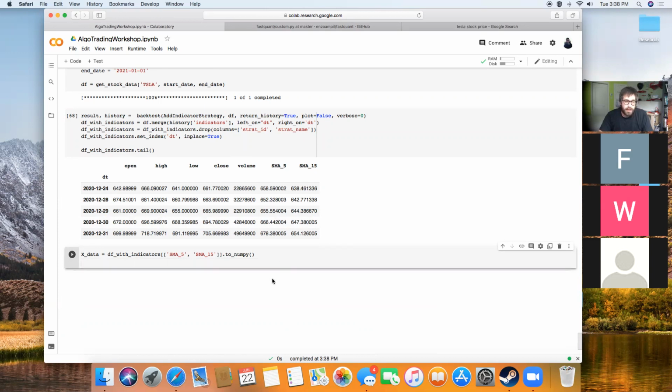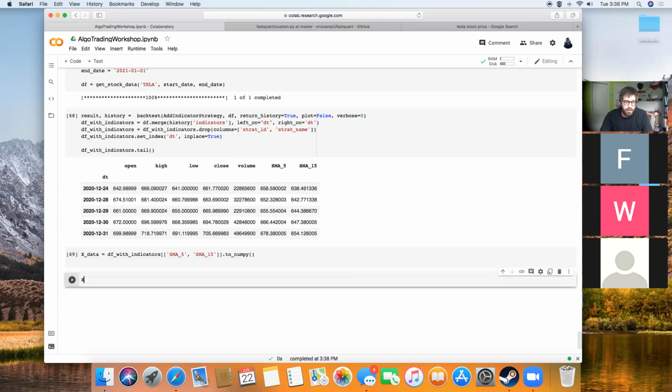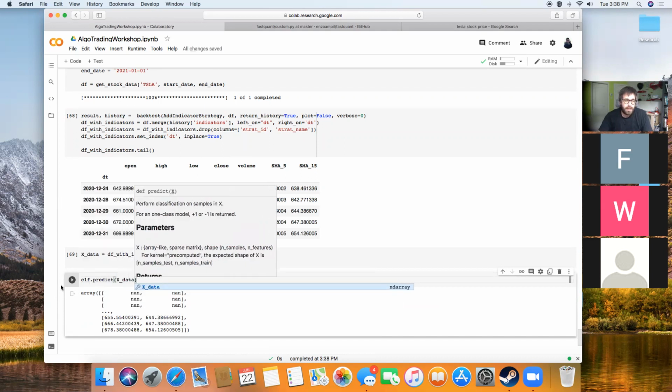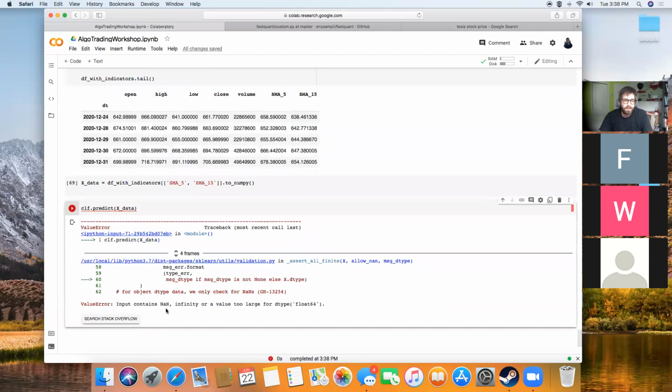Yeah, so from here, I basically got the data as NumPy inputs for my predictor, which means I can use predict on the classifier and the test data, and I will get... Okay, I should have removed the not available. Okay, let's drop the not available from here.